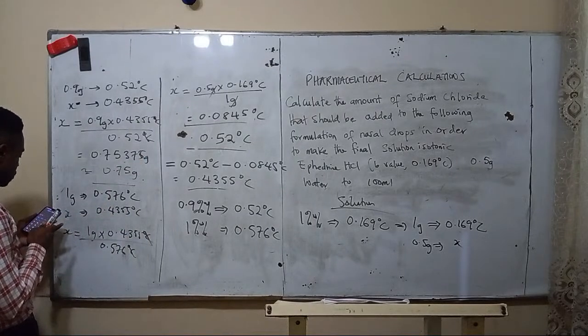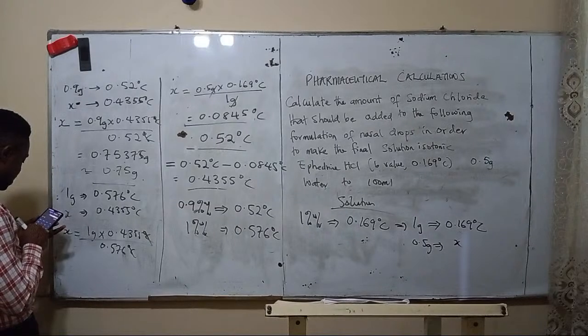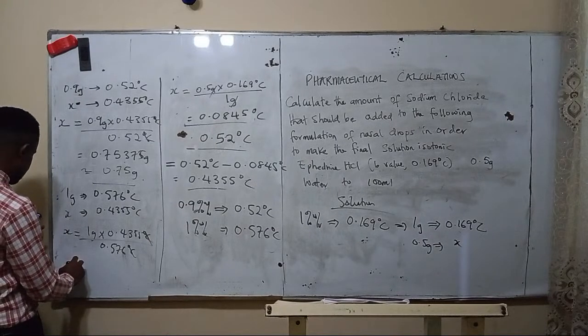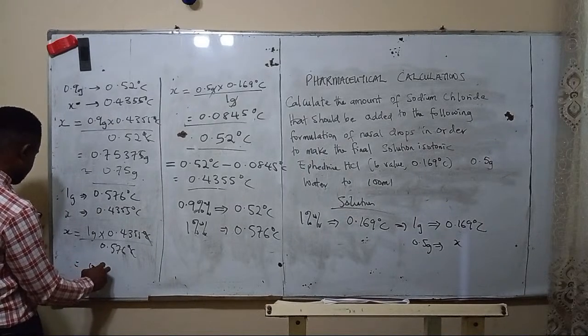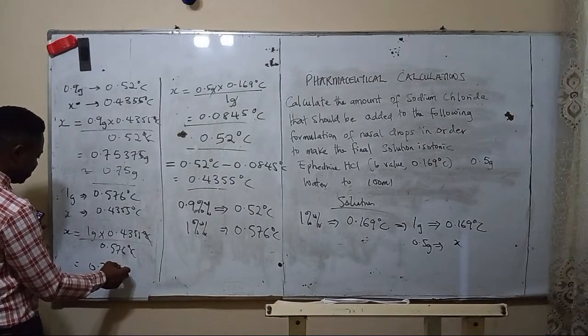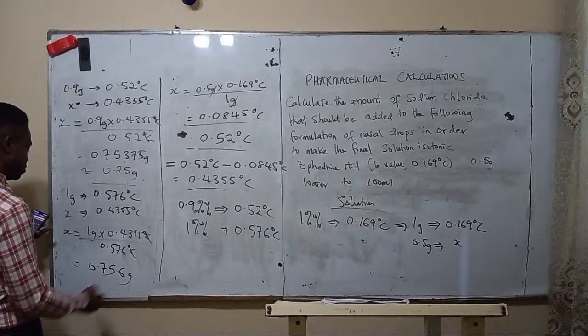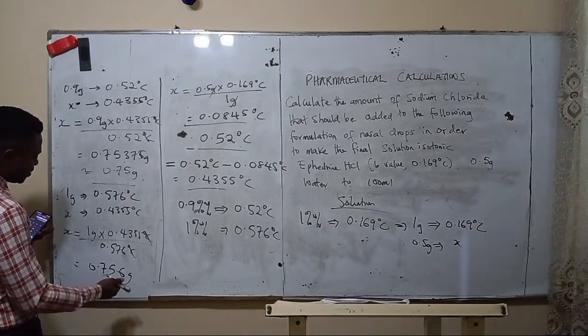So we have 1 times 0.4355 divided by 576. So this will give us 0.7556 gram. 0.756 gram.